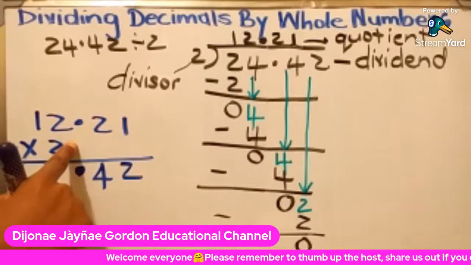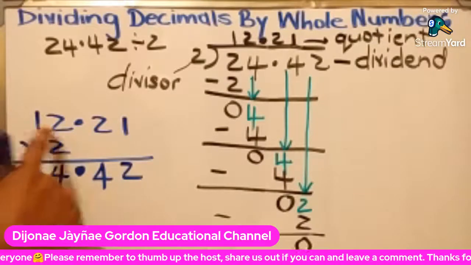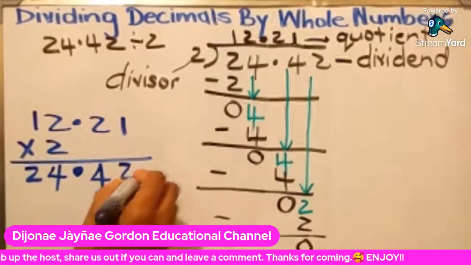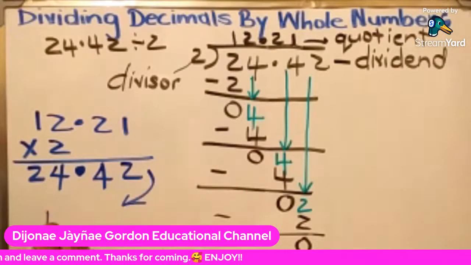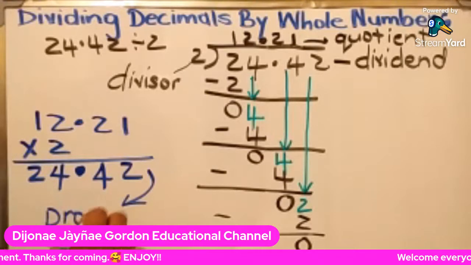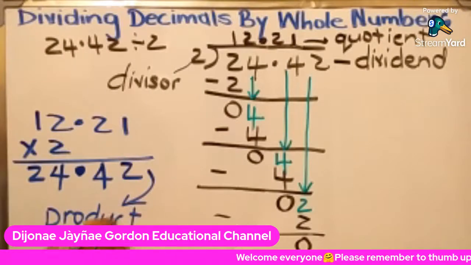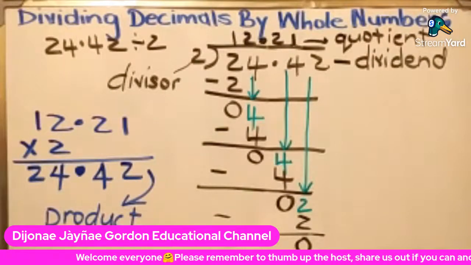Now we are going to multiply 2 by 2, and that is going to give us 4. And 2 multiplied by 1 is going to give us 2. So this is known as our product. The product is the same thing that we call the answer in a multiplication problem.